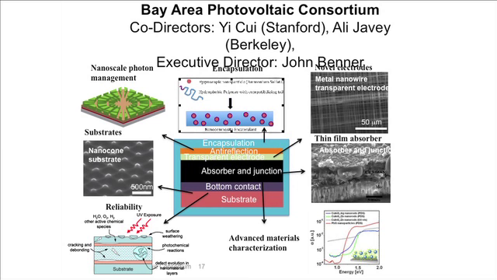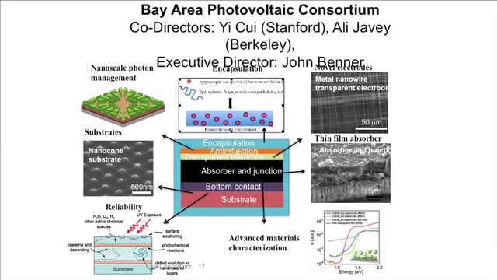I just happen to be the co-director of this consortium with Ali Javey at Berkeley. Executive director is John Banner. The idea of this consortium is to do PV manufacturing-oriented research, to help the US solar companies reach the goal at the module level, 50 cents per watt.